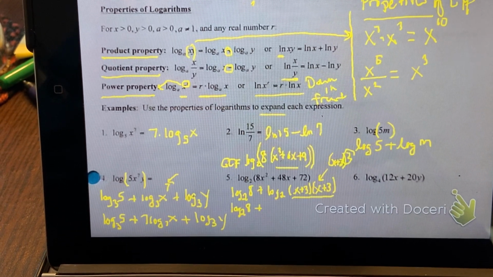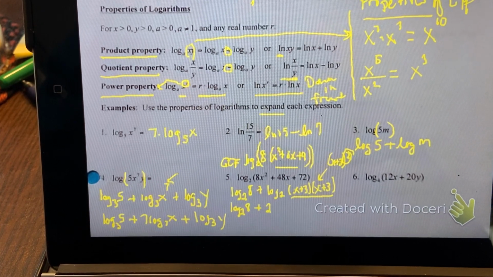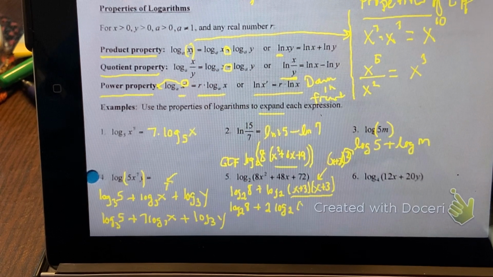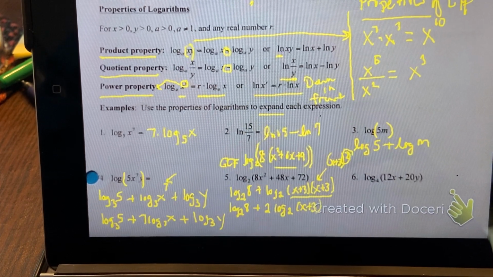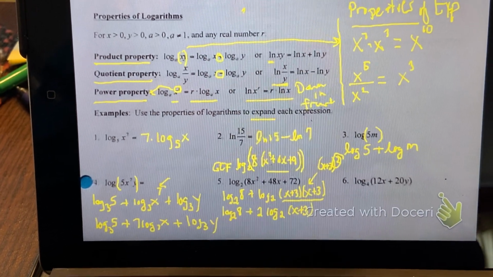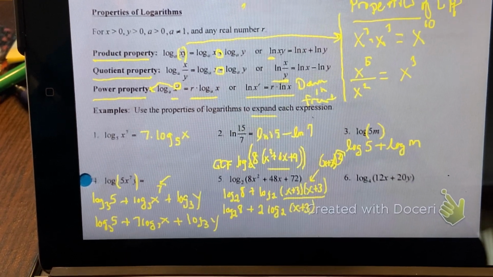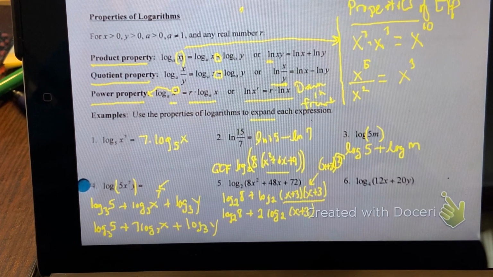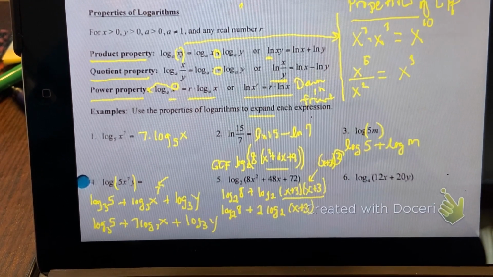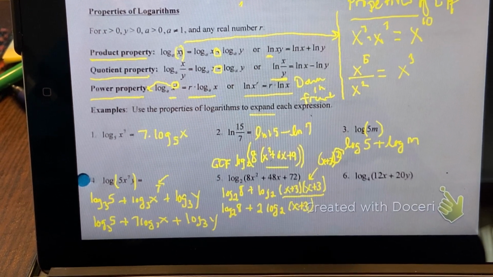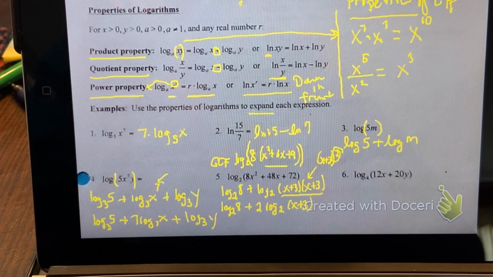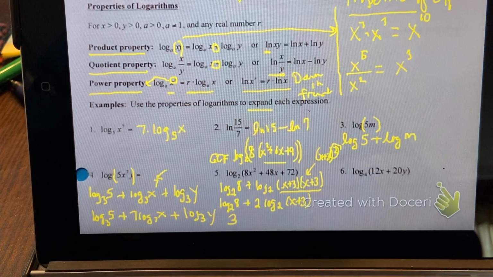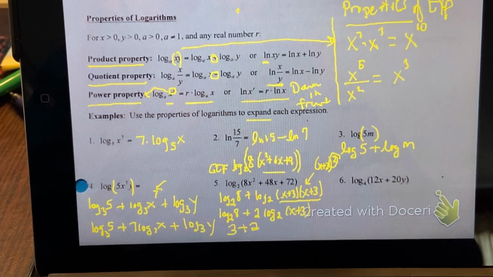I want to take the 2 and move him down in front. Okay? And then the last thing I need to do is just think, well, log base 2 of 8. Wait a minute. I know what that is as a real number. 2 to what number gives me 8? Well, he's a 3. So 3 plus 2.